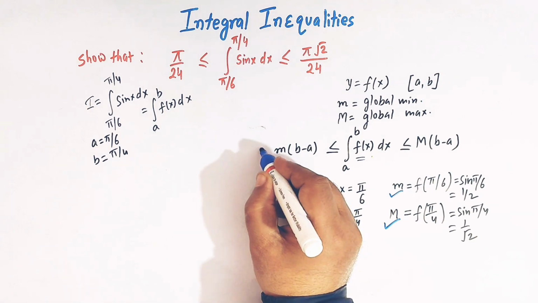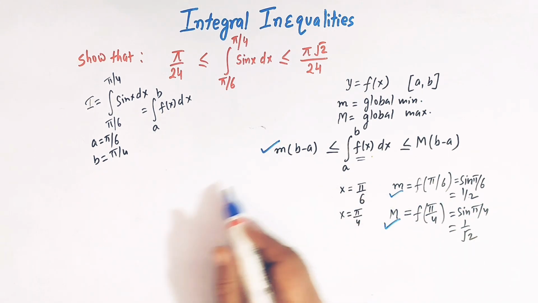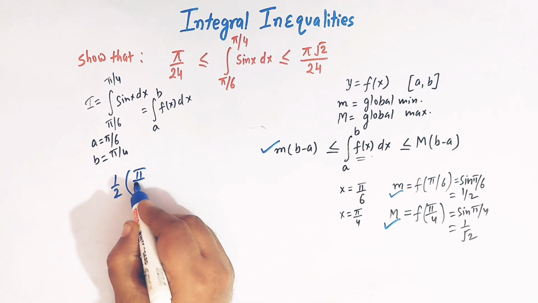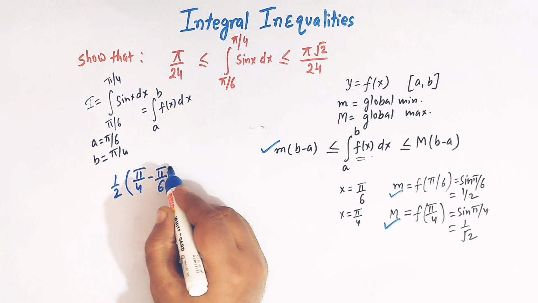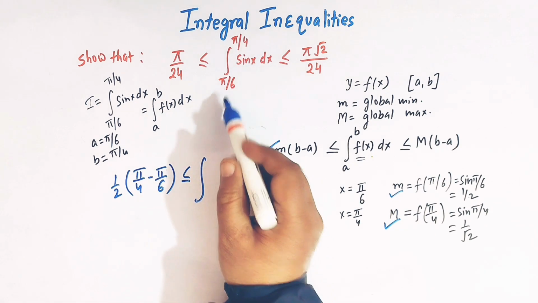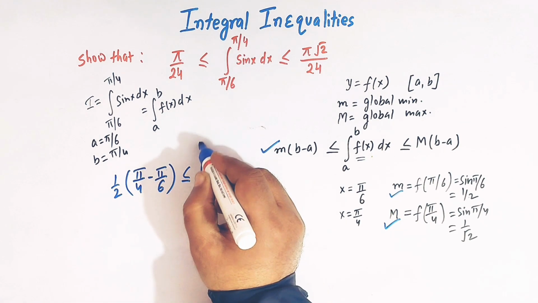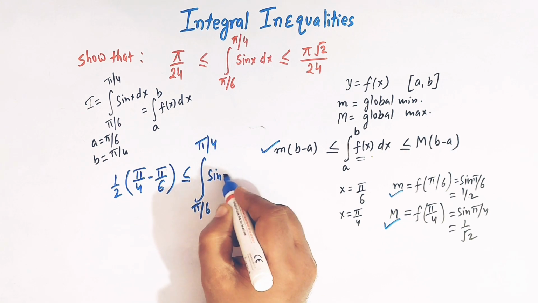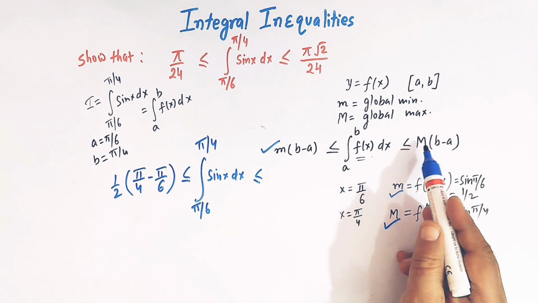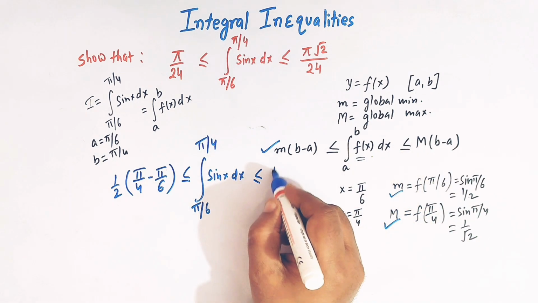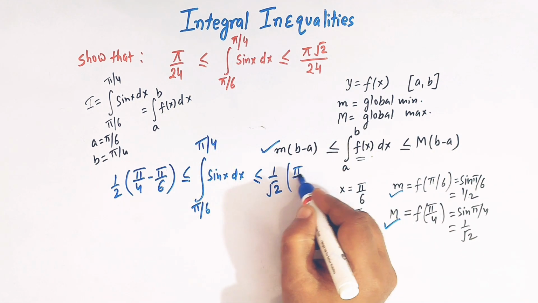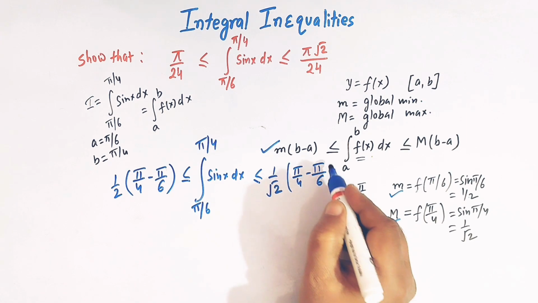So taking this inequality, we have m is half and b minus a is pi by 4 minus pi by 6, and here we have less than or equal to sign, and then we have the integral pi by 6 to pi by 4 sine x dx, and this is less than or equal to, here we have capital M, which is 1 over square root of 2, and b minus a, b is pi by 4, and here we have pi by 6.